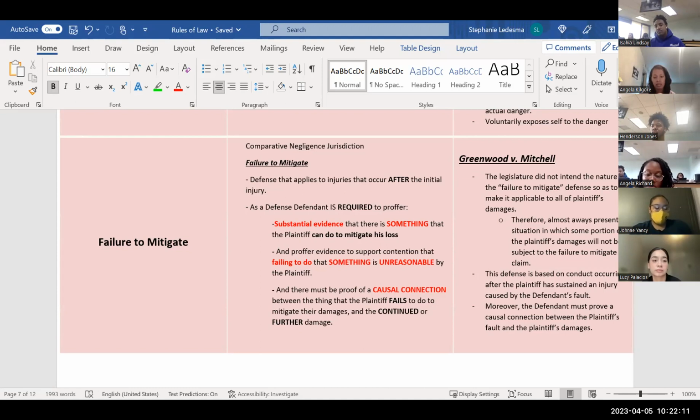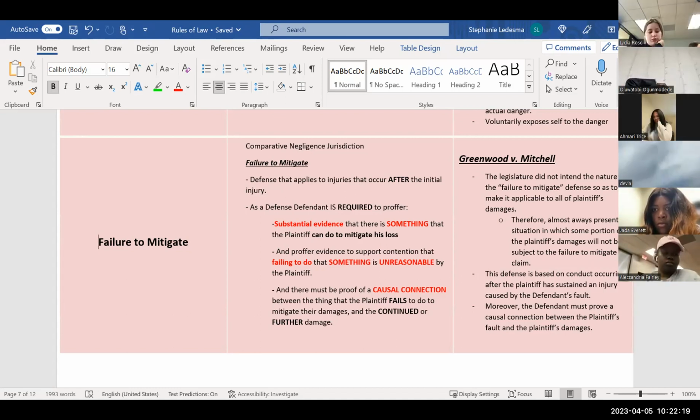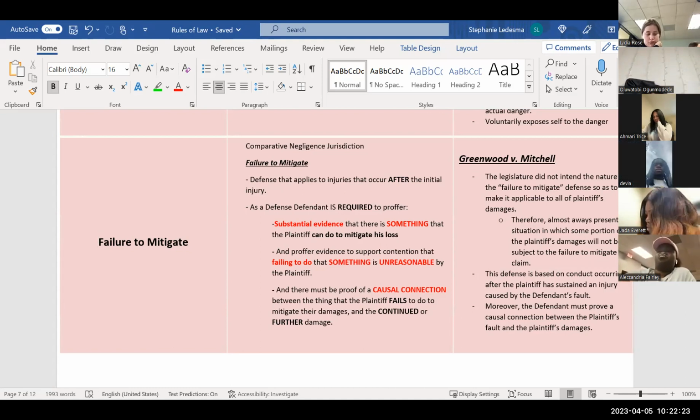So maybe I miswrote this, but I have that expert testimony draws a line between plaintiff's reasonableness and their failure to mitigate, and substantial evidence is required. So expert testimony draws a line for the failure to mitigate. Is that a requirement, the expert testimony? The substantial evidence is what's required.